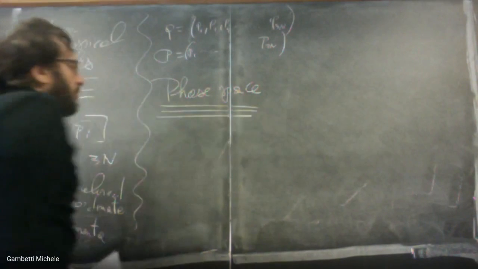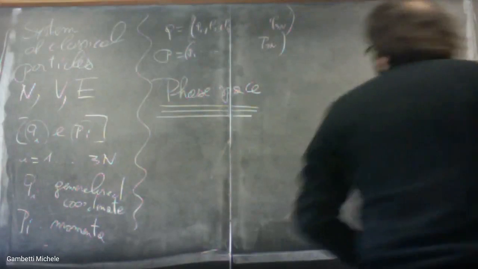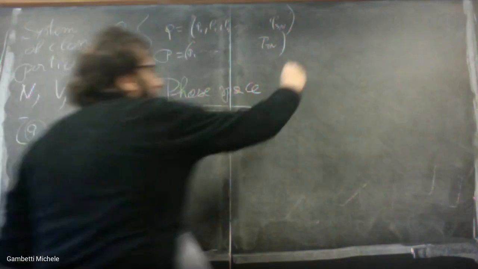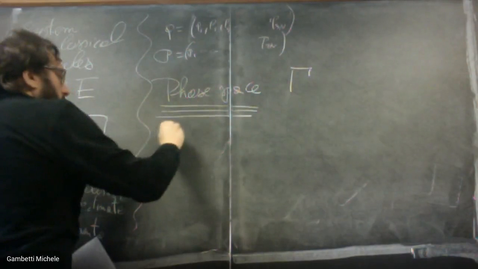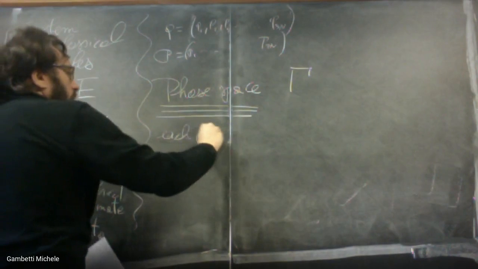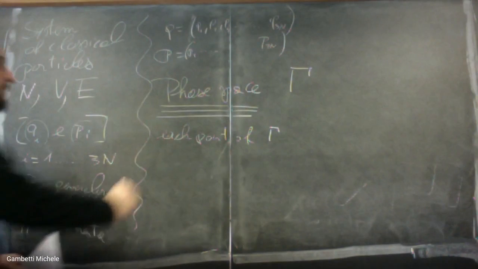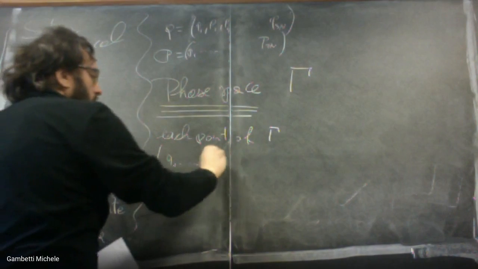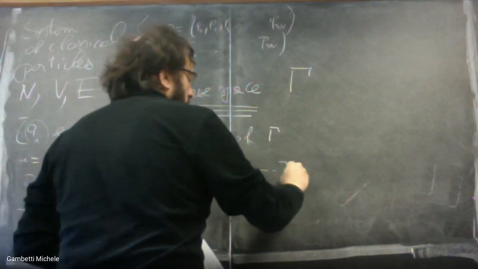It is a space whose coordinates are all these Q and P. We call it gamma, and each point of gamma is a vector having all the components of Q, so Q1 to Q3N, and all the components of P, P1 to P3N.